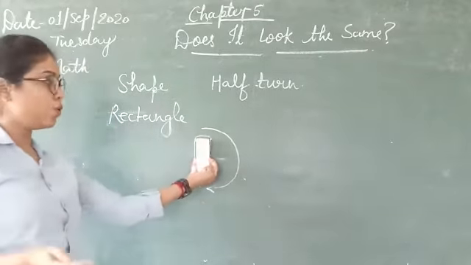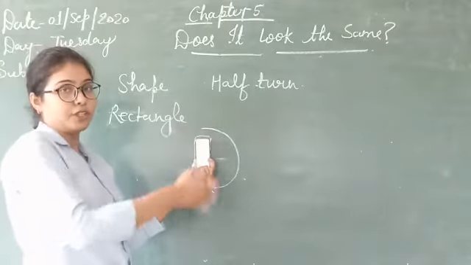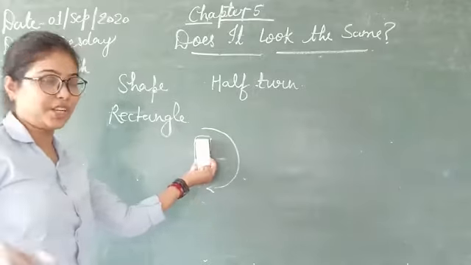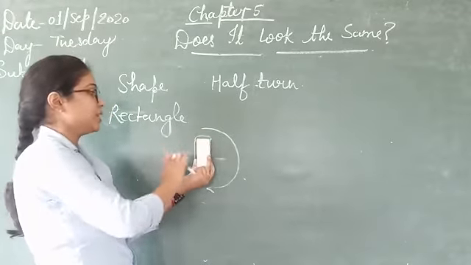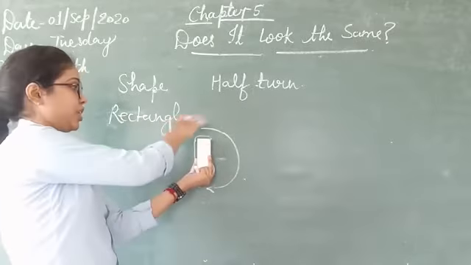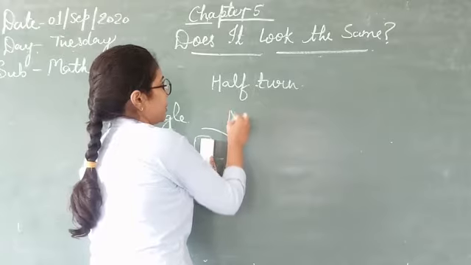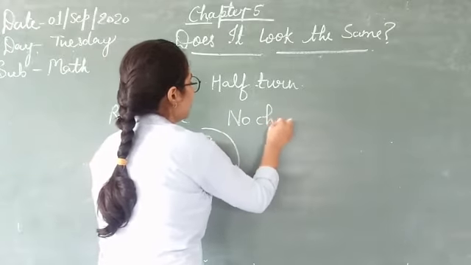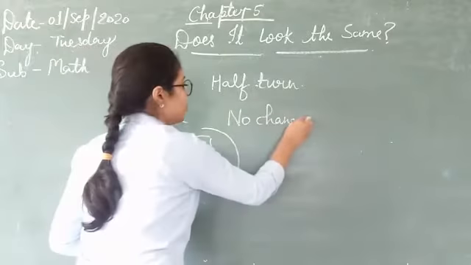So there is no change in the shape of the rectangle. The position has changed, the upper side came down, but the shape of the rectangle is the same. So you will write that after a half turn there is no change in the shape.